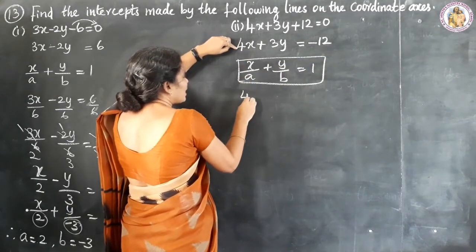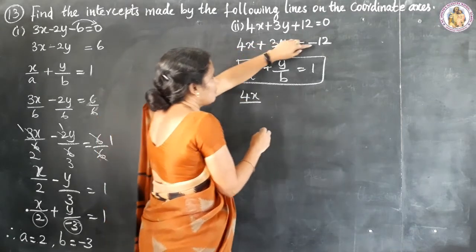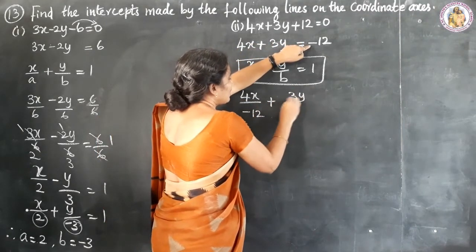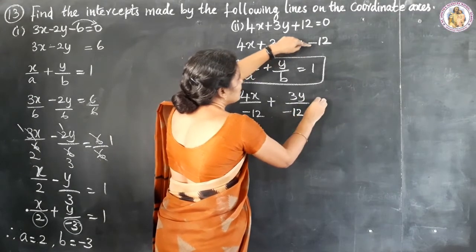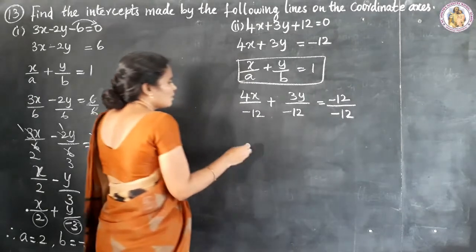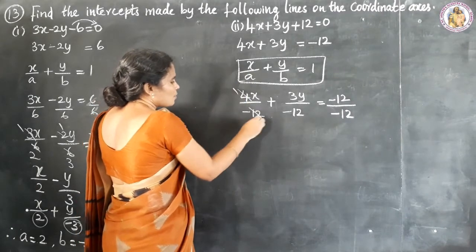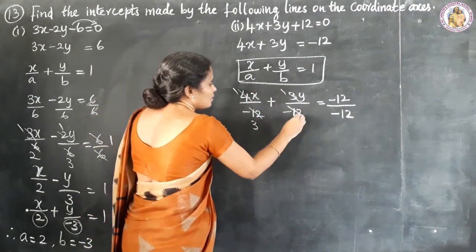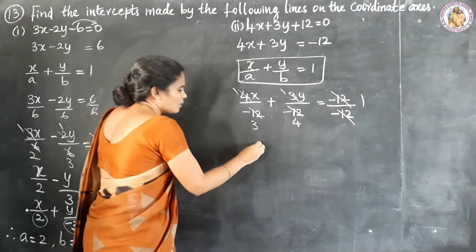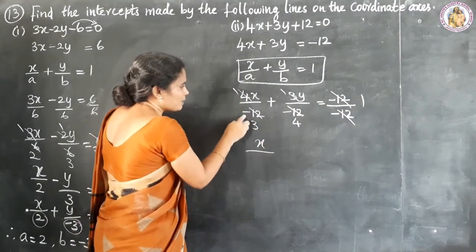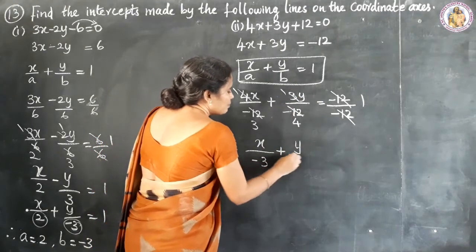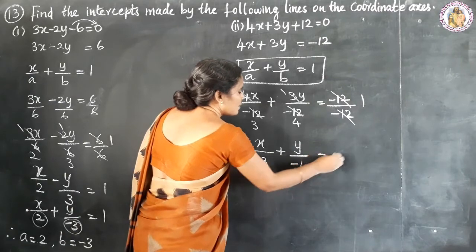Now 4x divided by minus 12 plus 3y divided by minus 12 is equal to minus 12 divided by minus 12. Now 4 ones are 4, 3 threes are 3, 1 ones are 3, 4 fours are 12, cancel. So now write x divided by minus 3 plus y divided by minus 4 is equal to 1.